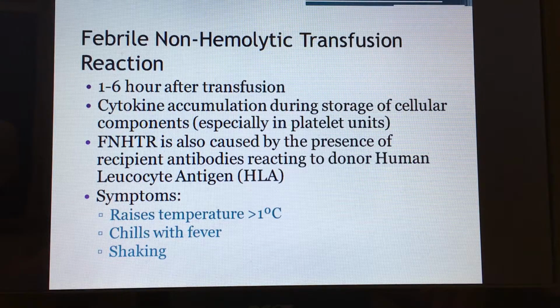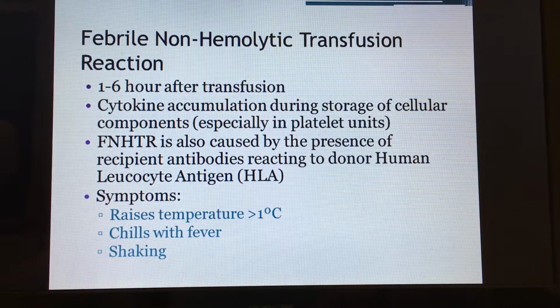The reason it occurs is the cytokine accumulation during the storage of cellular components, especially platelet units. Why platelet units? Because platelet units can only be stored for 7 days, and they are stored at room temperature, which leaves the cellular components still activated, and they produce cytokines that accumulate in storage before being transfused into the patient.